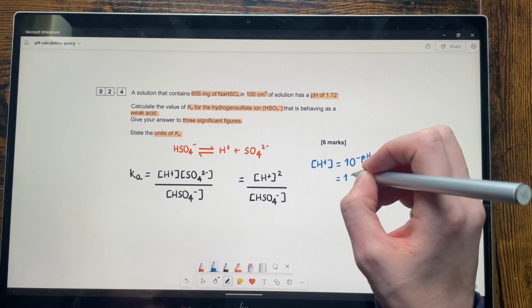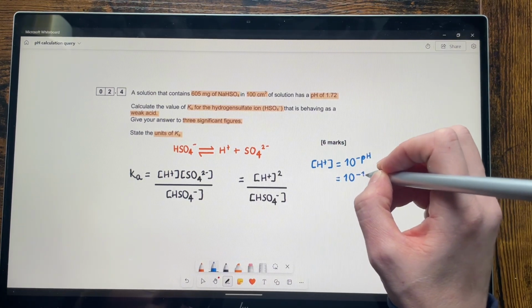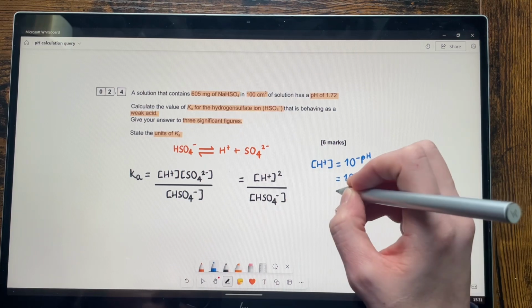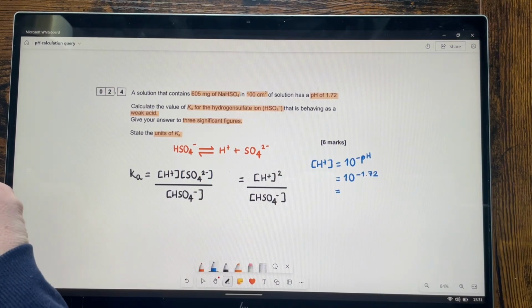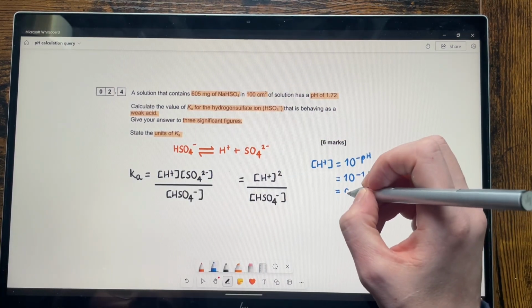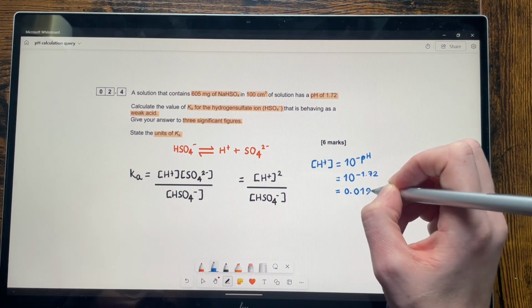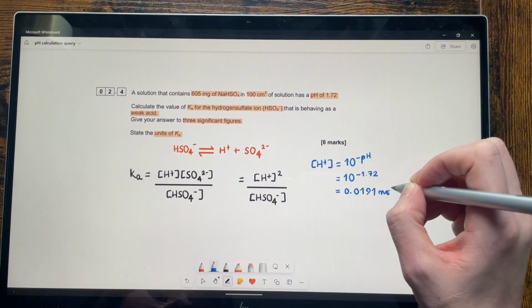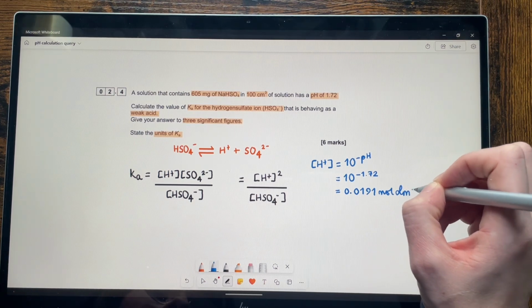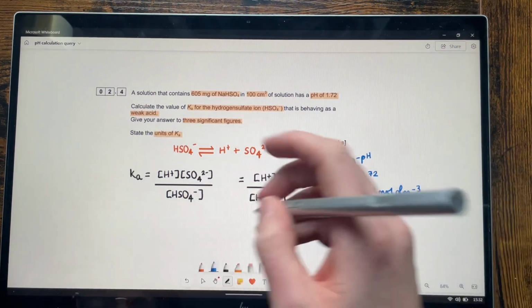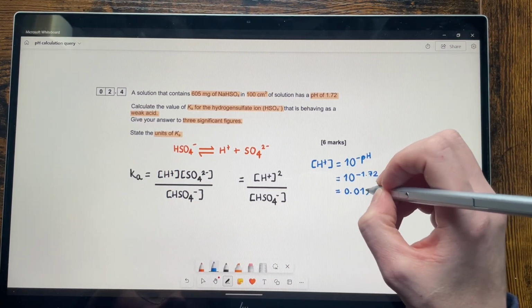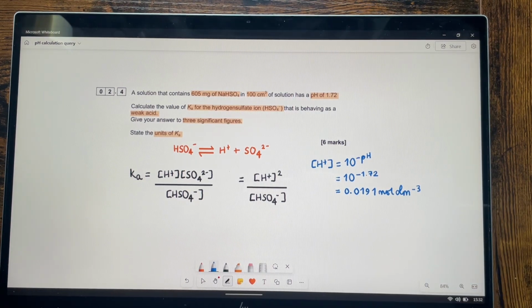So on my calculator, I need to do 10 to the power of minus 1.72, which gives me 0.0191 moles per decimeter cubed, and I've written that down to 3 significant figures. That's what we're aiming for overall at the end, so I'm going to stick with my 3 significant figures from here.